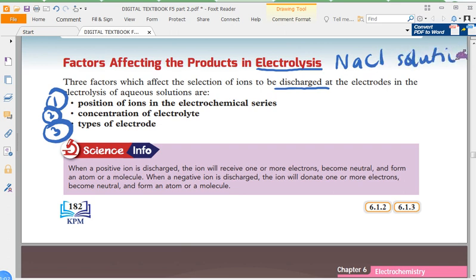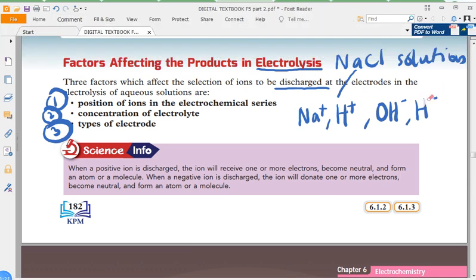There are four ions present: Na+, H+, OH- hydroxide ion, and Cl-. So these ions are present in the solution.